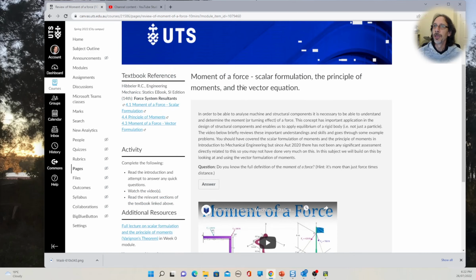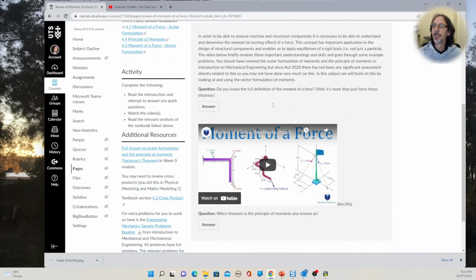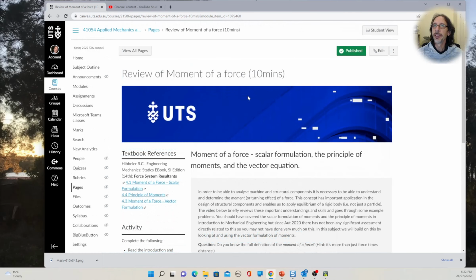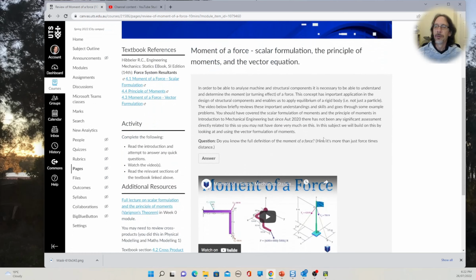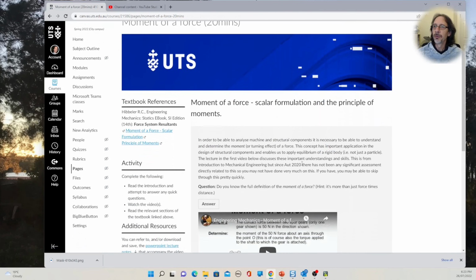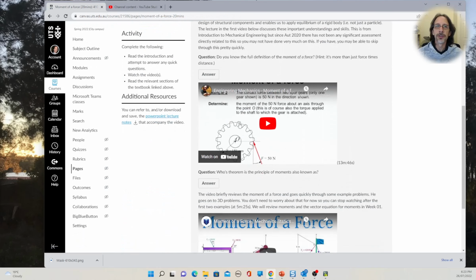So here we've got the chapter or the page on moment of a force, principle of moments. In this page, which is in the week 1 module for UTS students, we've got this video here on moments of a force, which is a bit of a brief overview where he does go through components. But if you want to see the full lecture on scalar formulation and the principle of moments, you can go back to the week 0 module and look here.